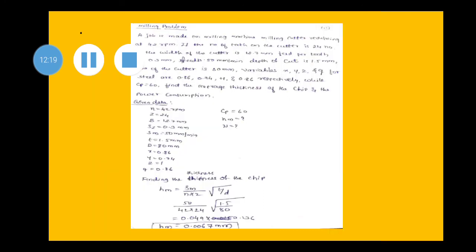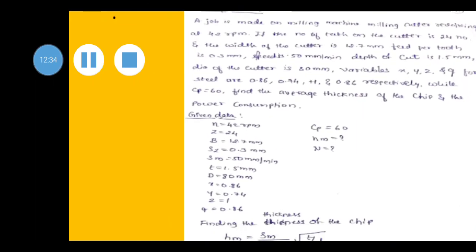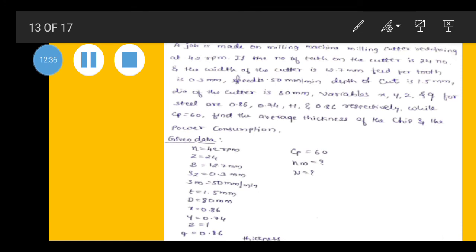First question, a milling problem. A job is made on a milling machine. The milling cutter is revolving at 48 RPM.